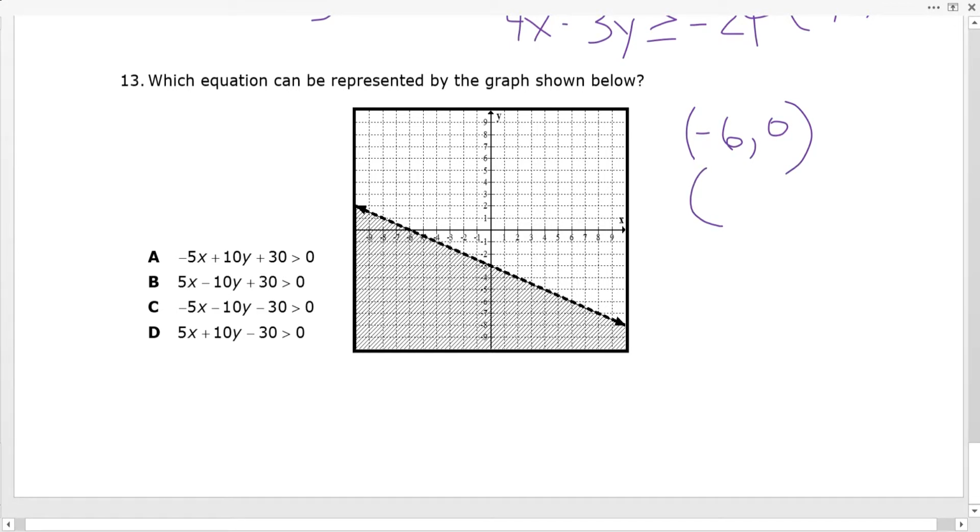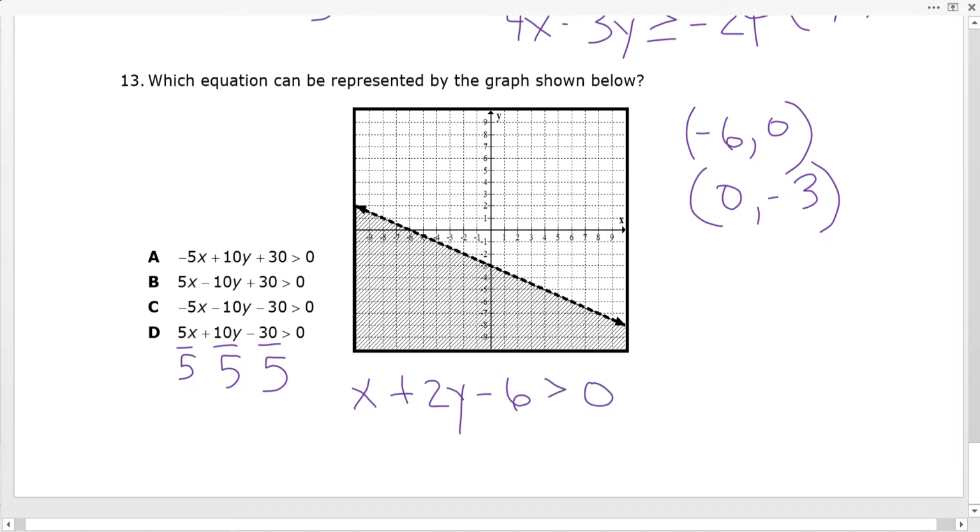I have a point at 0, -3. And when I'm looking at these choices, they're all divisible by 5. So I'm going to go ahead and divide by 5. And I'm going to end up with x plus 2y minus 6 is greater than 0.